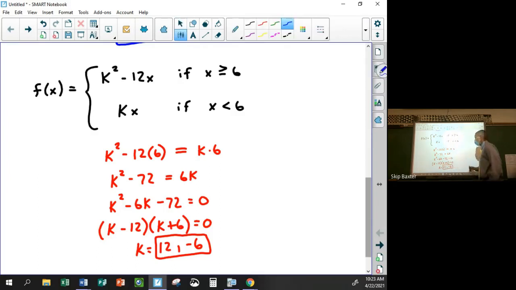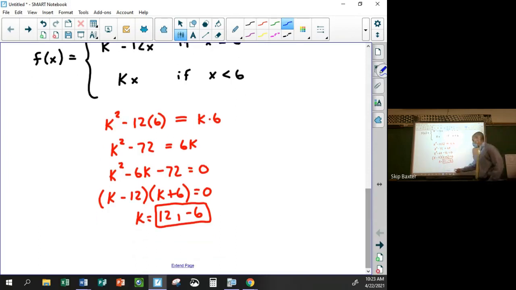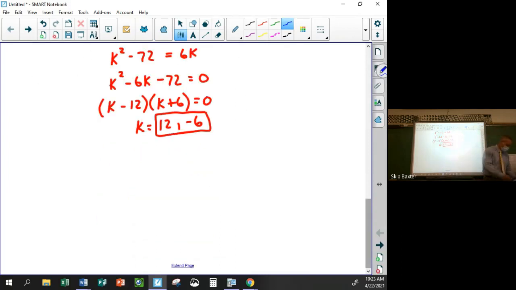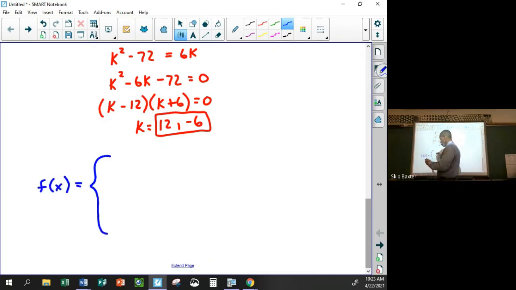Okay. Let's try a different type of problem. What if I have something like this? F of x equals two pieces.